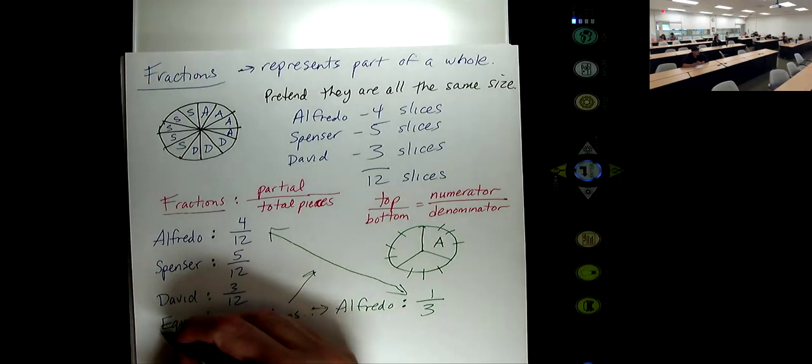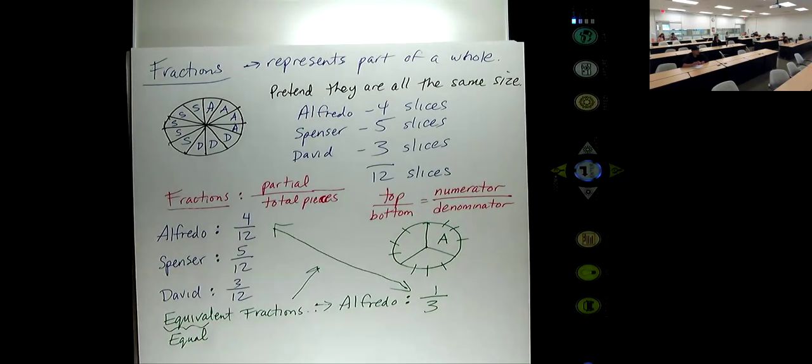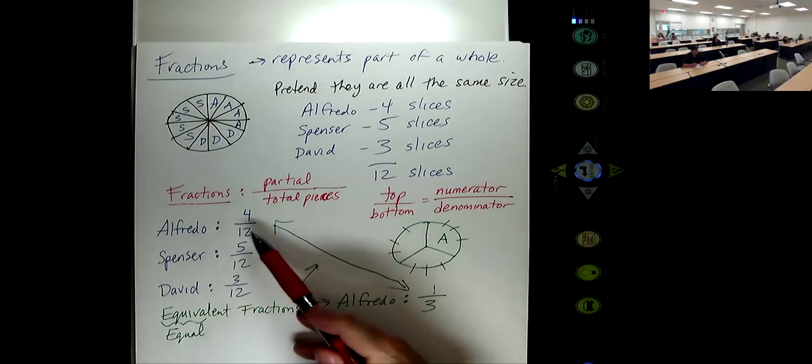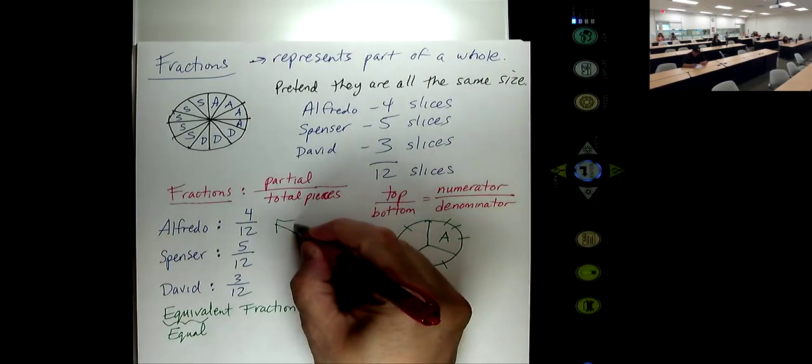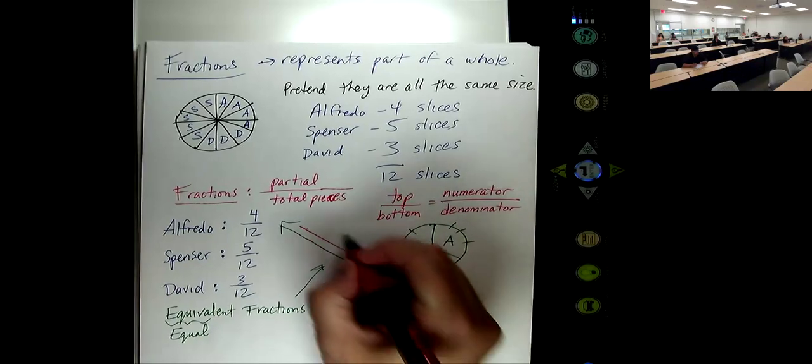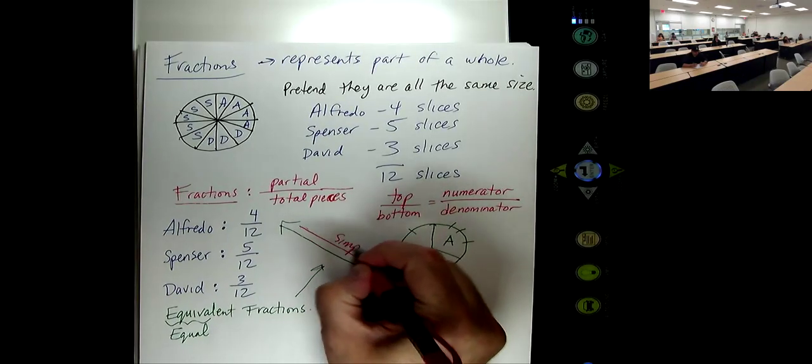Equivalent sounds like equal. And that's what it means. They have a word for taking the bigger number and making it down to the smaller number. When we go from the bigger to the smaller value, we call this simplifying.